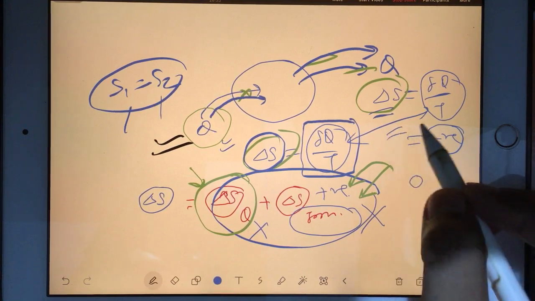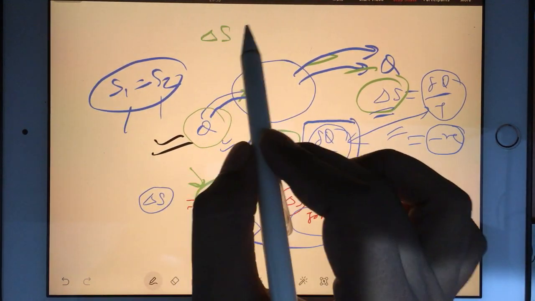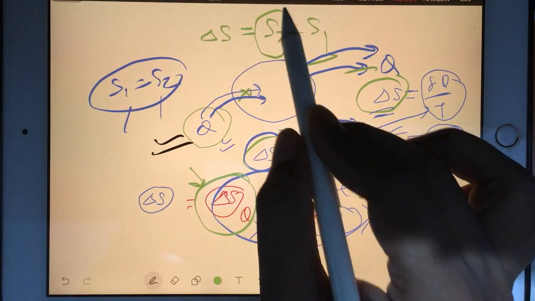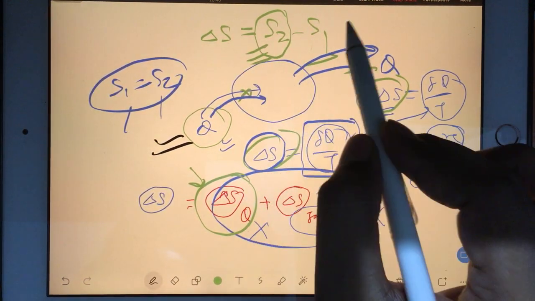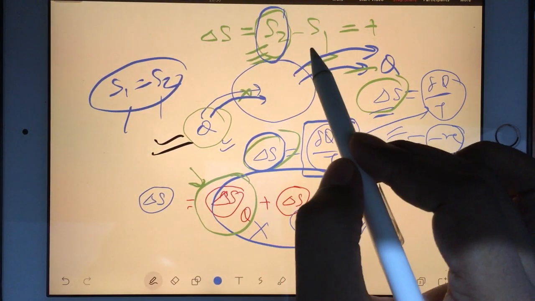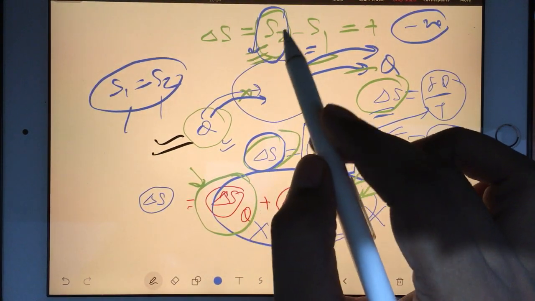Okay, change in entropy. So what is your del S? Del S is nothing but S2 minus S1. So if S2 is more, it means entropy increases, so your answer will come positive. If S2 is less than S1, then the answer will come negative, it means entropy is decreasing.